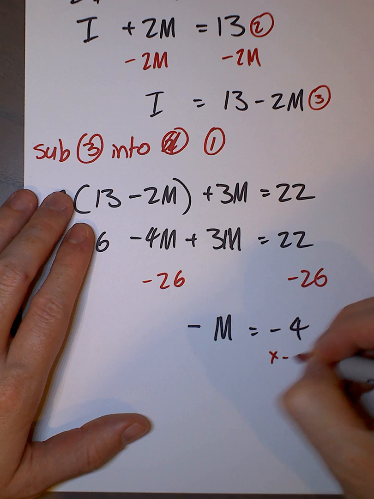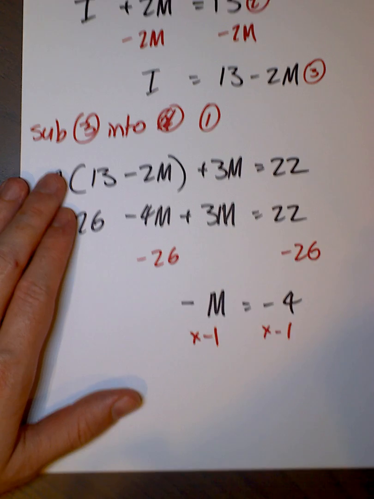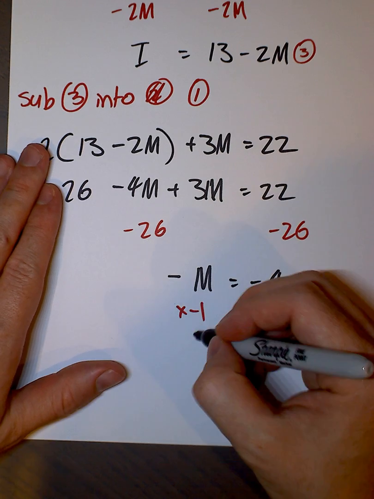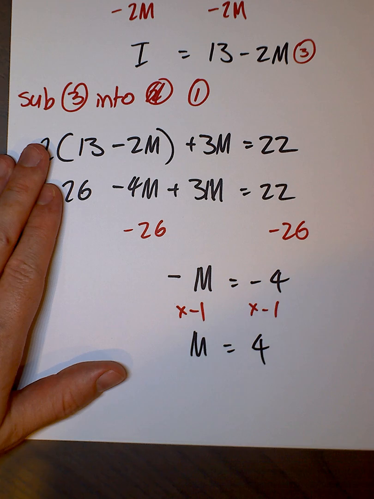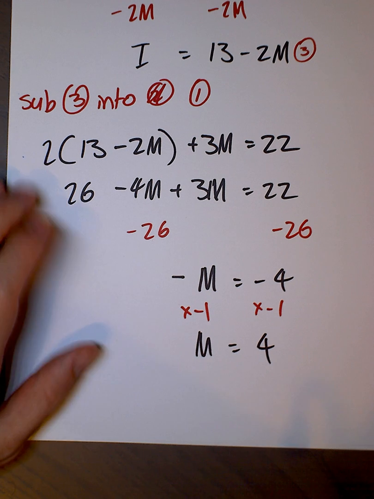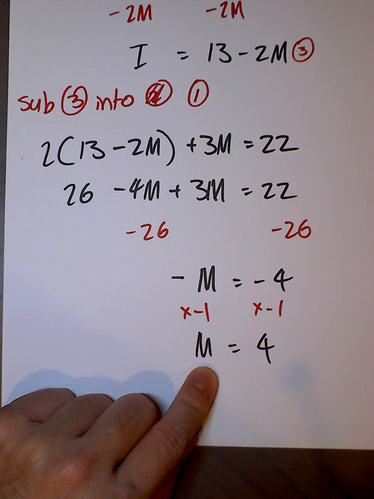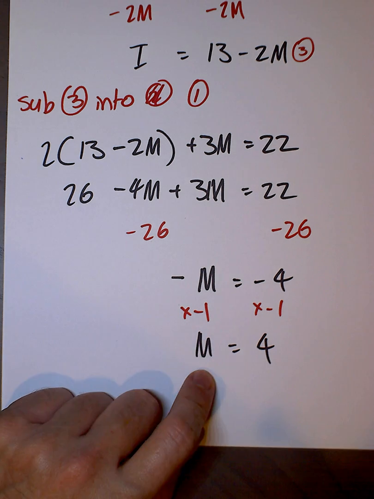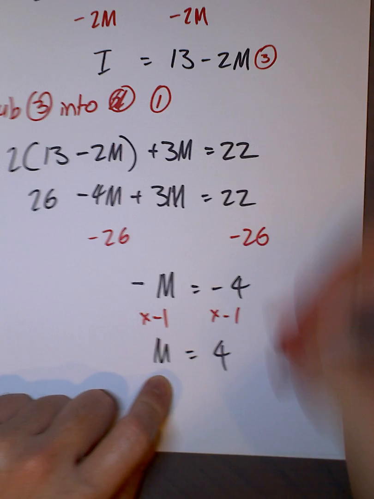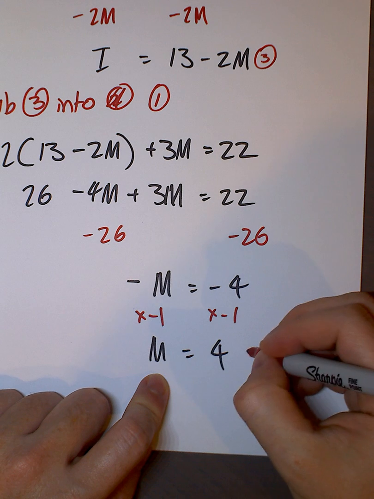And if I times by negative 1, I am just changing all my negative values to positive values. So this becomes M equals 4. So I have figured out the cost of one maple syrup bottle. Just here, it's going to be $4. And this is a new equation, which I'm going to call 4.